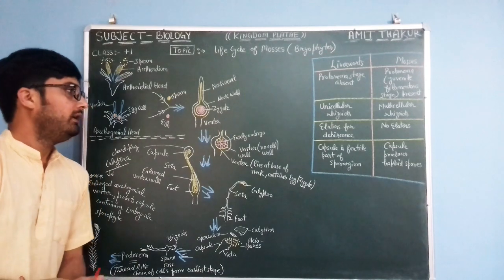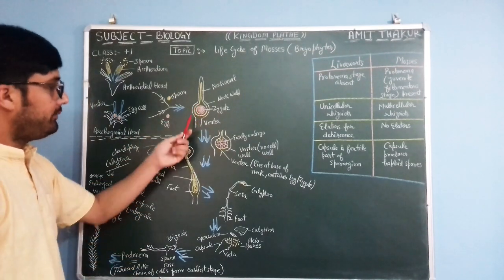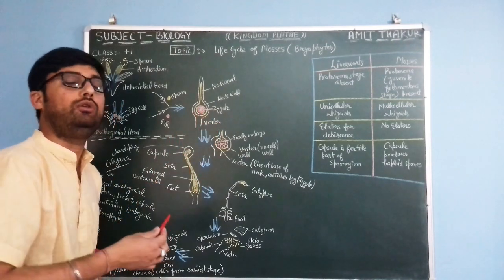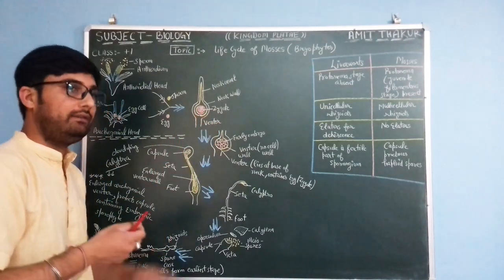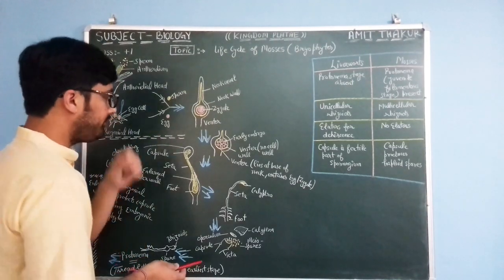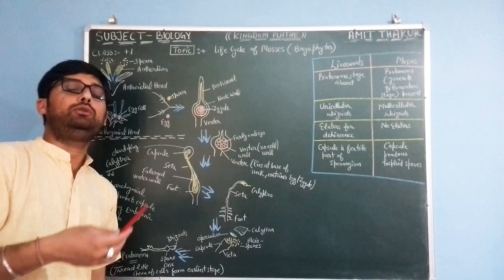After this, the change happened. This zygote would undergo mitotic division. Cells will be multiplied and would develop into embryo.